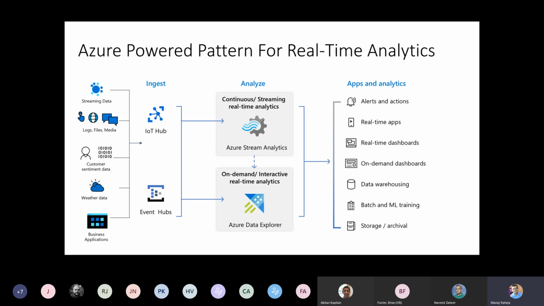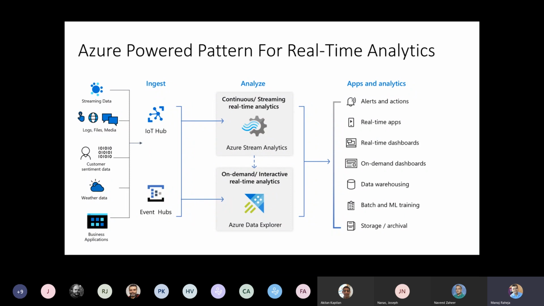You would use Stream Analytics if there are scenarios where you want to do continuous real-time analytics on a moving window of data, and Stream Analytics doesn't persist any data. It holds everything in memory, processes as the data comes in, and then spits the data out into the destination. And Azure Data Explorer, on the other hand, is on-demand interactive real-time analytics on your streaming data.